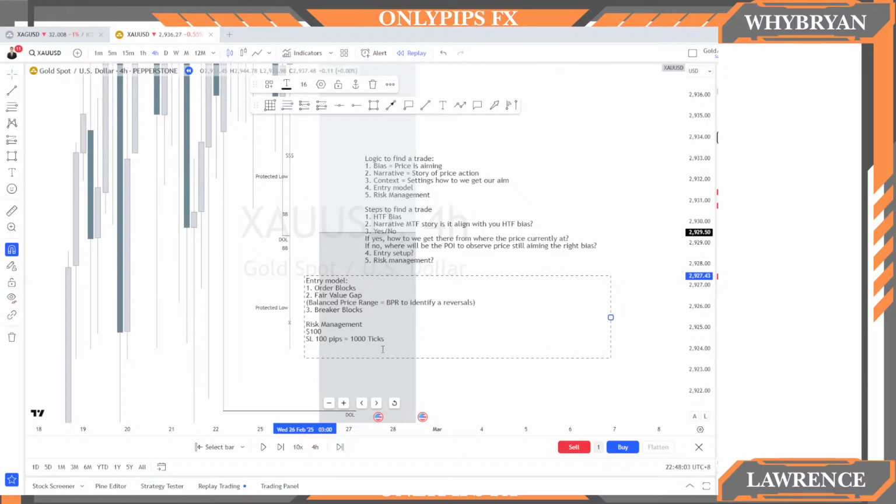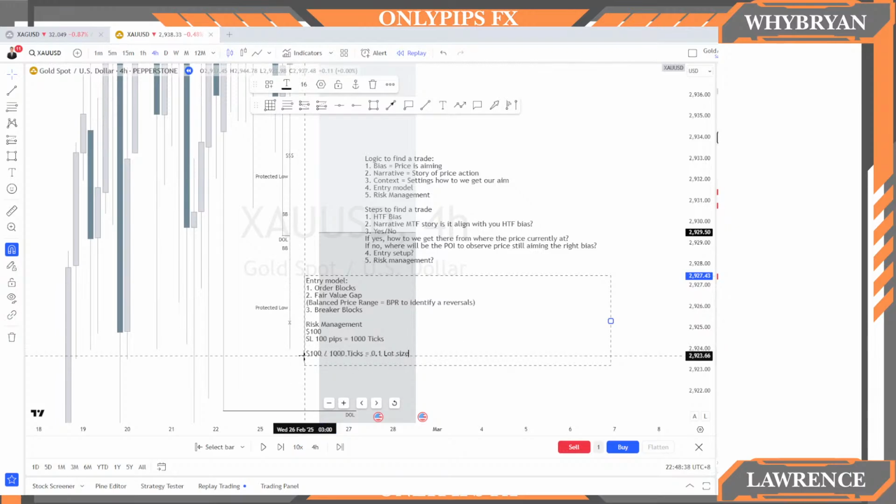So you take $100, divide by 1000 ticks equals 0.1. That's lots. So this is your actual lot size that you need to key in for a 100 pip stop loss.